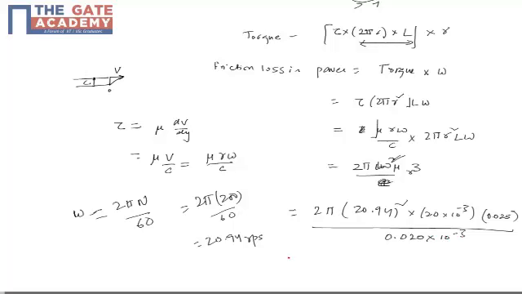Everything we are computing in meters. So this is the loss of power, and it comes to about 4.3 watts. So 4.3 watts of power goes in resisting the friction.